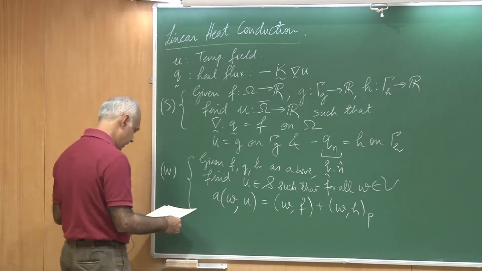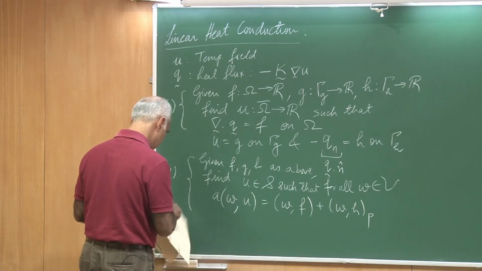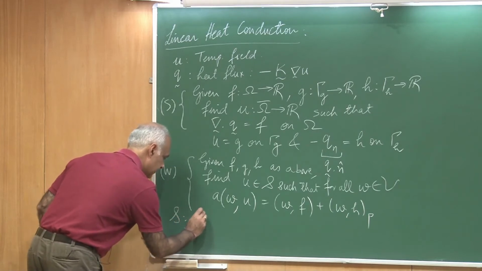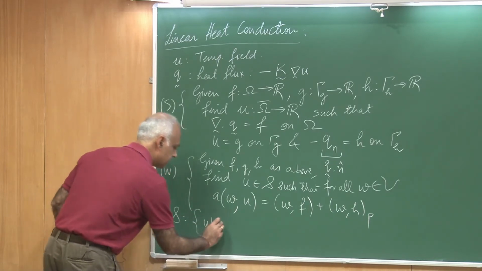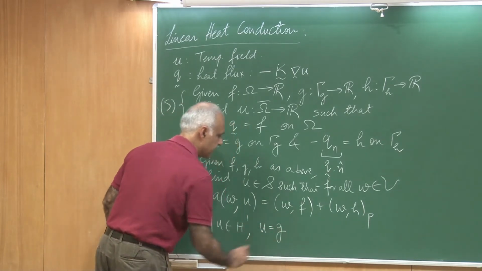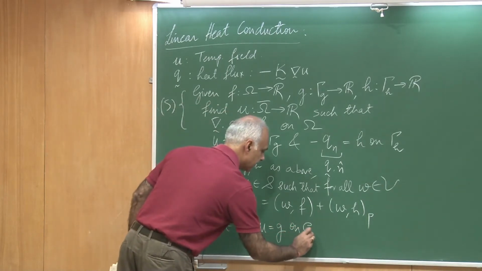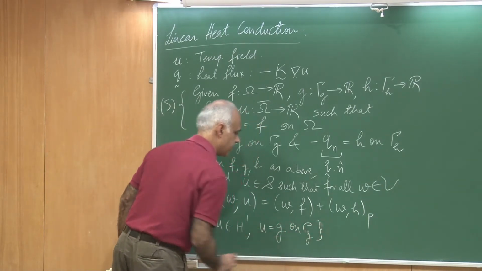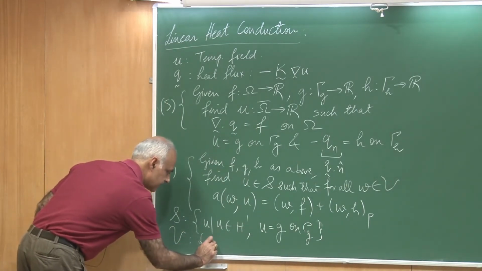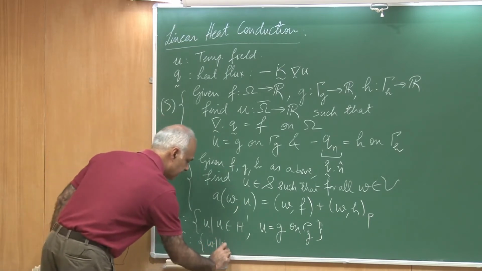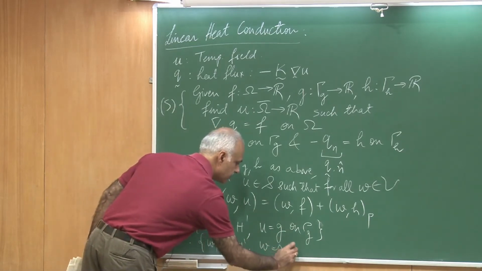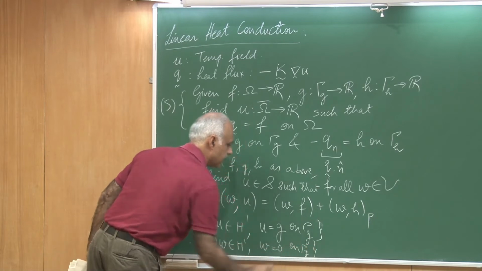So, these are a few terms that we had defined. First let me begin by defining for you the function spaces. S is a space of all functions U such that U are H1, and I must satisfy the boundary condition U equal to G on gamma g. Similarly, the space V consists of the functions W such that W also are H1 and W is identically 0 on gamma g.